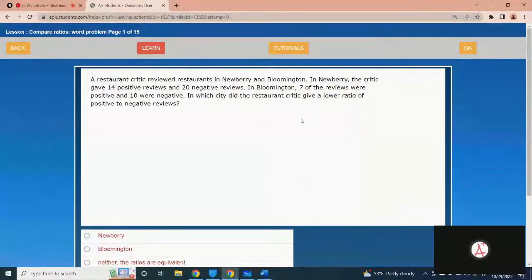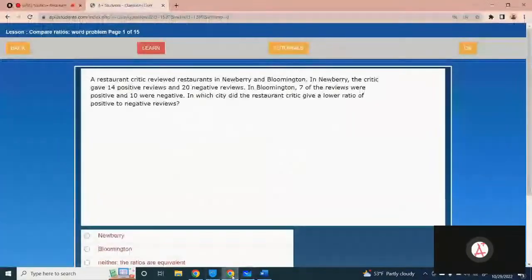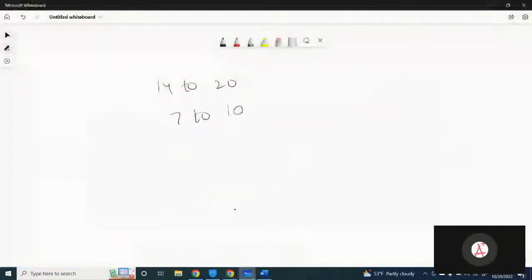Got it? Okay, the ratios are, first one is 14 to 20 and then 7 to 10. Let me just confirm. 14 to 20 and 7 to 10. Yes, the same numbers. Okay, let's write them down in the fractional form. It would be 14 over 20 and 7 over 10.